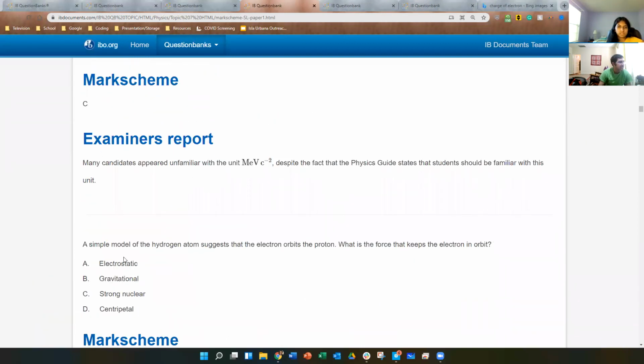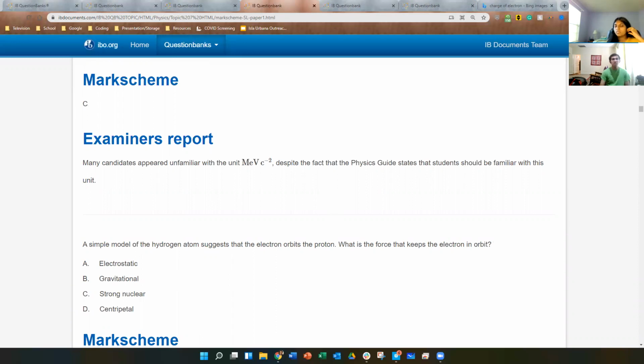A simple model of the hydrogen atom suggests that the electron orbits a proton. What's the force that keeps the electron in orbit? Centripetal is what they said before, right? But the centripetal force isn't a force.